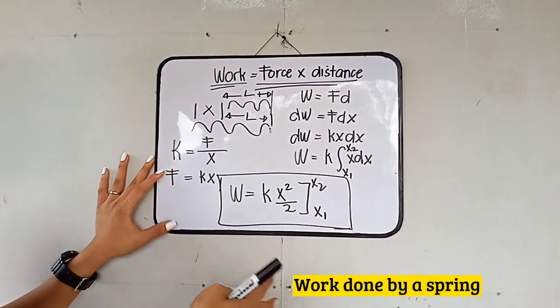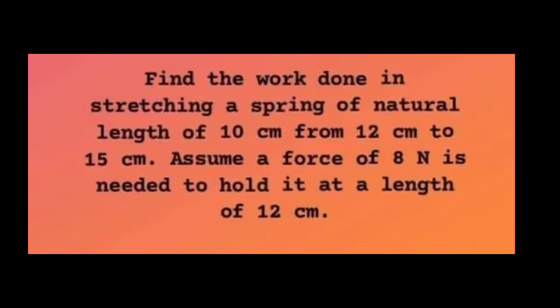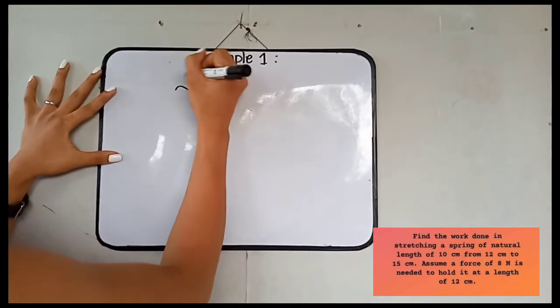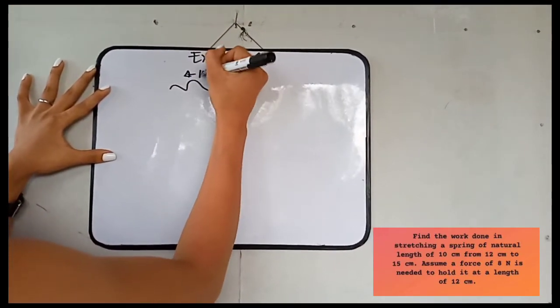So, let's try an example. Find the work done in stretching a spring of natural length 10 cm from 12 cm to 15 cm. Assume a force of 8 Newtons is needed to hold it at a length of 12 cm. The original length of the spring is 10 cm.